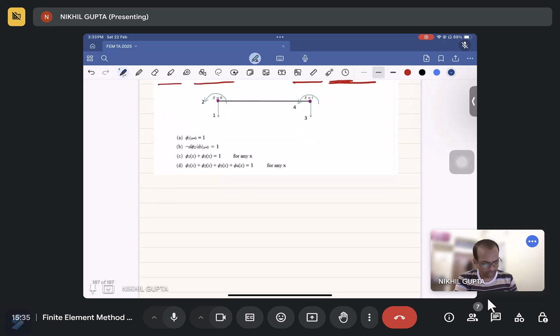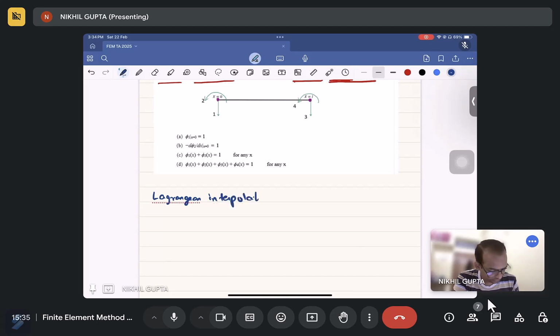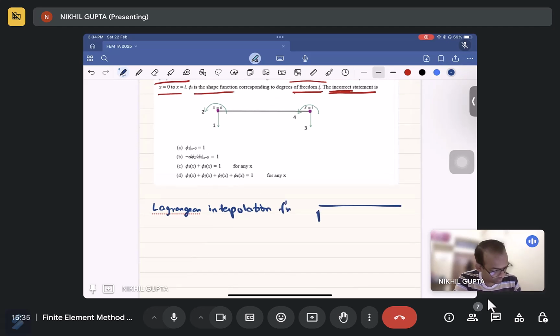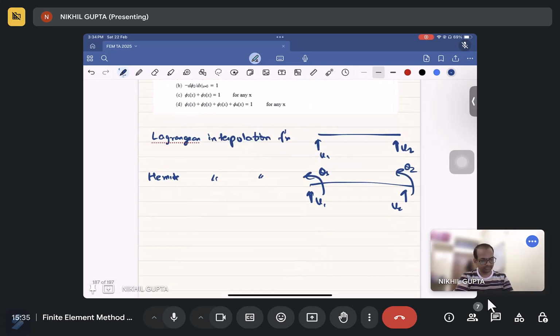Okay, no problem. When we write a Lagrangian interpolating function, we are dealing with u1, u2. But when we write a Hermite interpolating function, along with u1, we deal with theta 1 as well, and u2, theta 2 as well. So this is the basic difference.